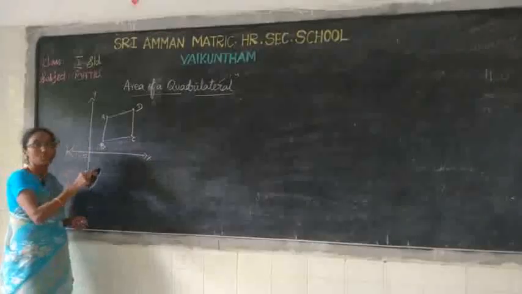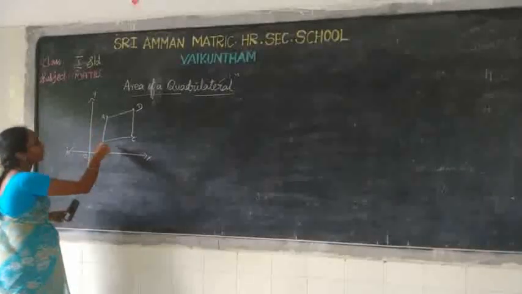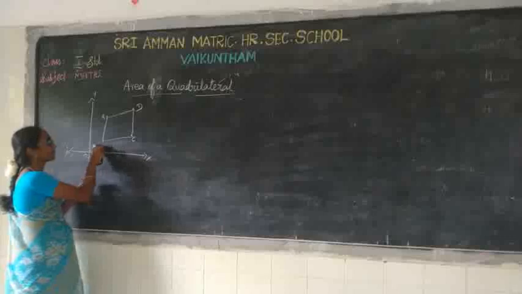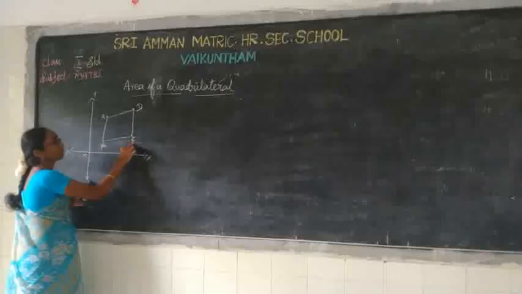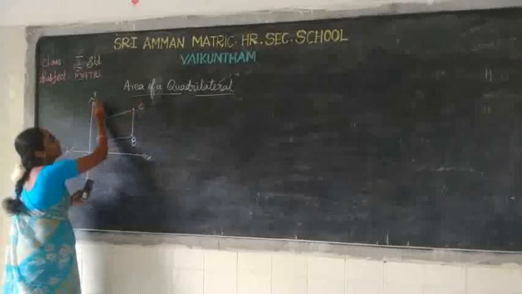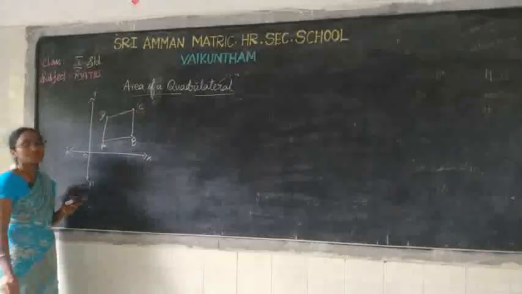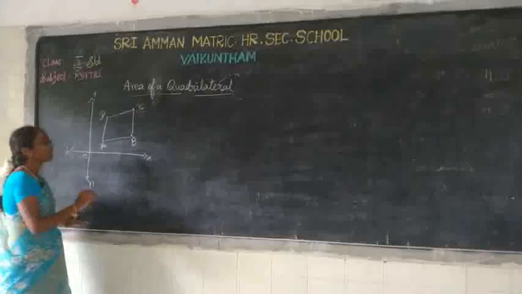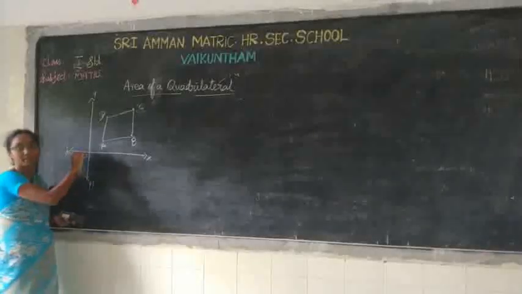In your book, the names are A, B, C, and D. Now I consider the diagonal AC.